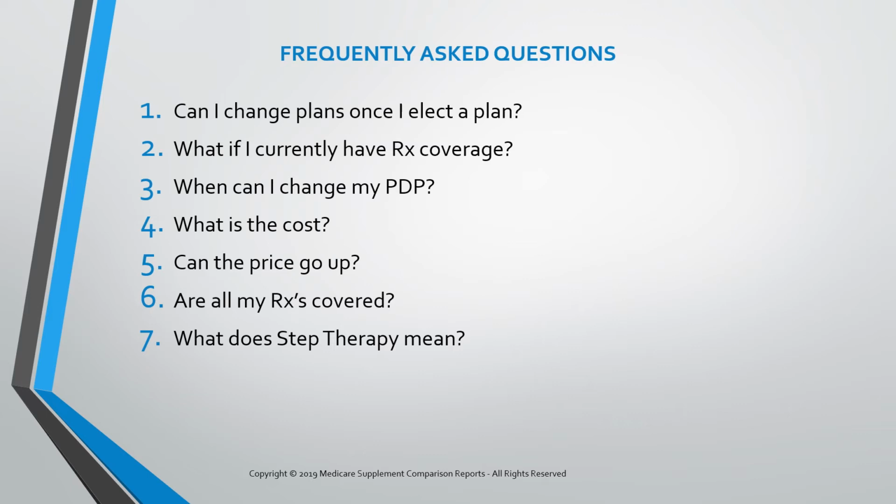Step therapy, as I mentioned a second ago, means that some companies, especially when there's a drug that's very costly, will make you actually try a different prescription, a different similar drug that's less expensive first before they will cover the drug that you want to be covered.